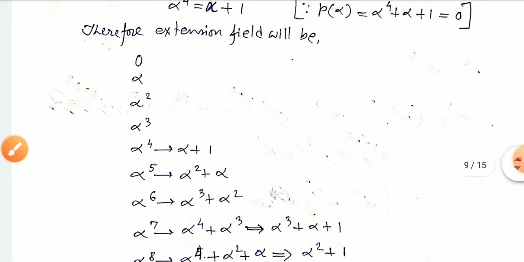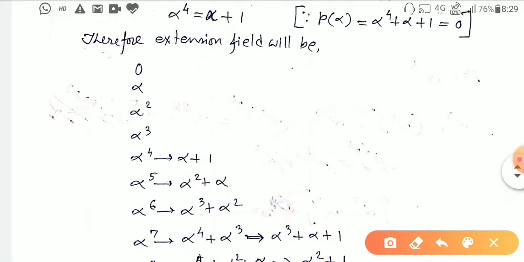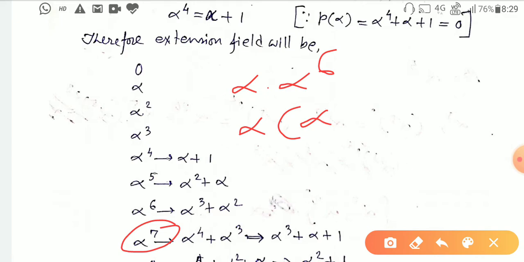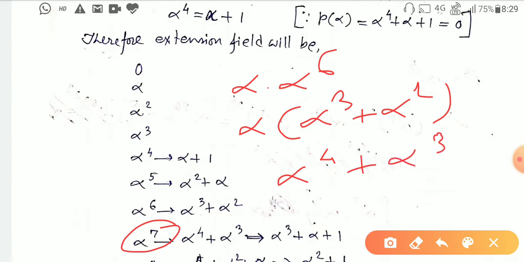In the same way for alpha to the power of 7, it can be written as alpha into alpha to the power of 6. So this is alpha into alpha cube plus alpha square, and its value will be alpha 4 plus alpha cube.